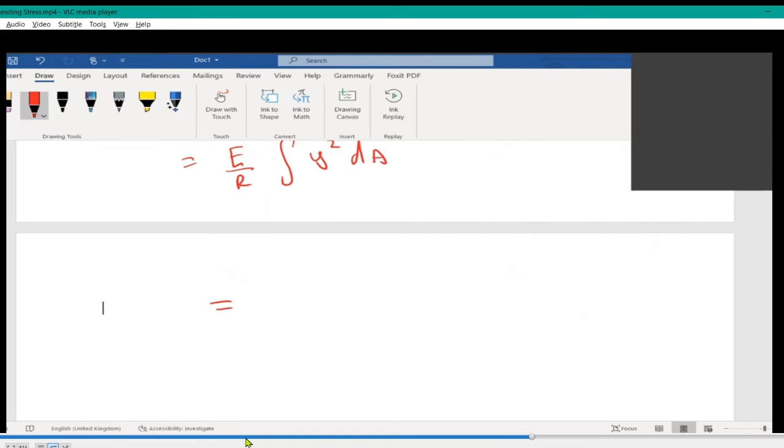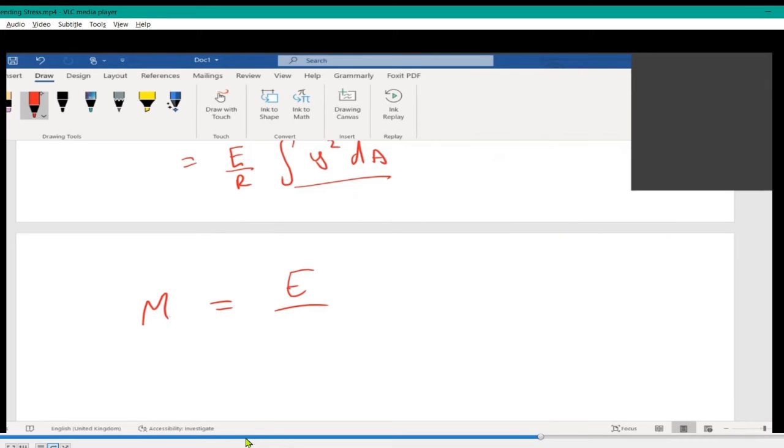We end up with the value M is equal to, what is y square dA? Do you remember what y square dA is? Recall your statics: moment of inertia, or second moment of area.